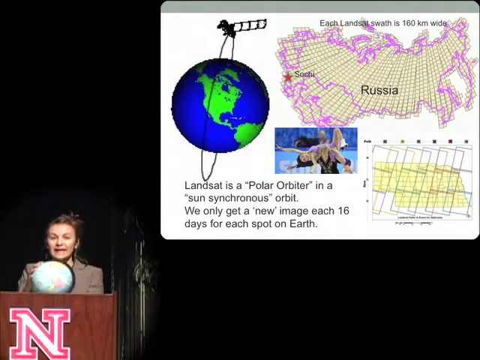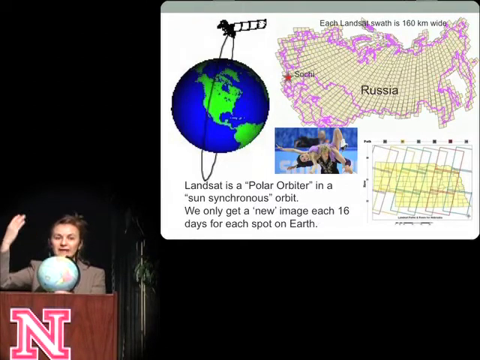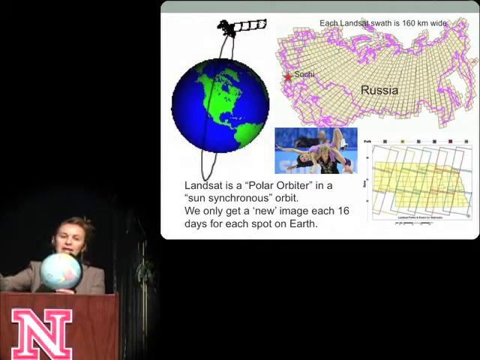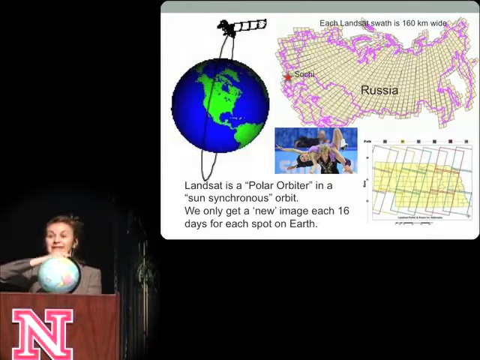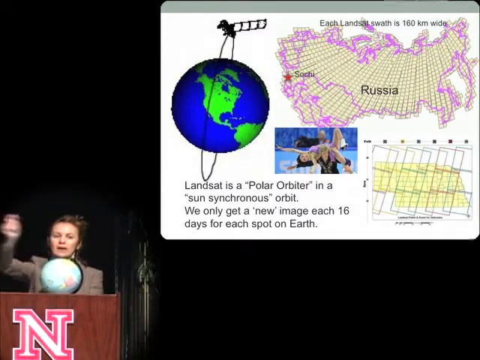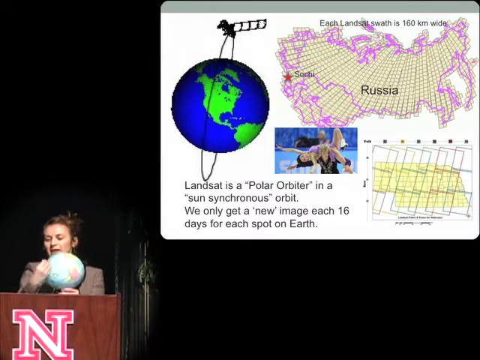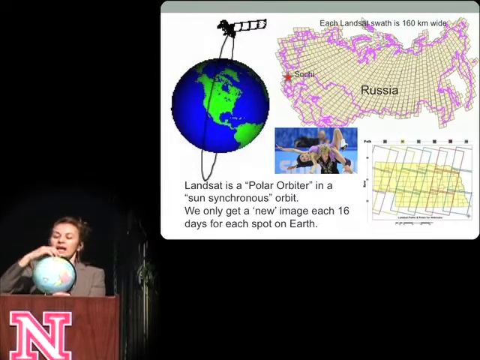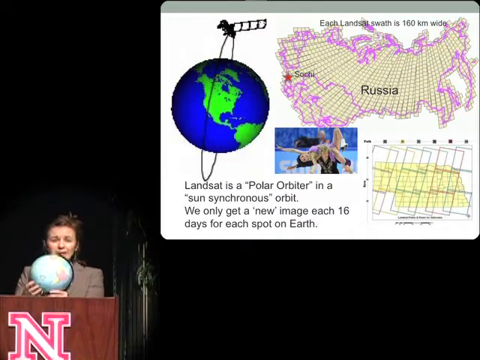Approximately at 11 a.m., Landsat takes its picture. Right now, with Landsat 8, we have a push broom sensor. Before, we had whisk broom sensors on the Landsat satellites, and now we have the push broom sensor.